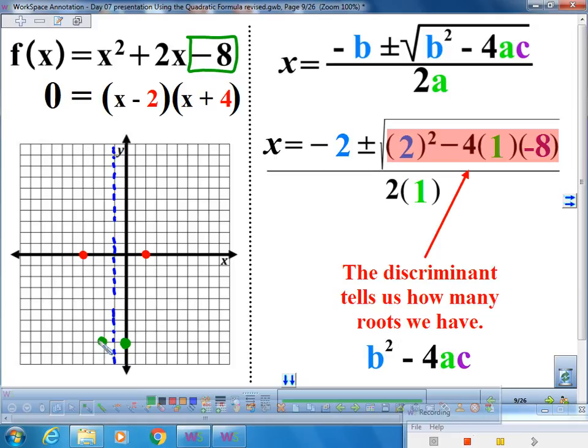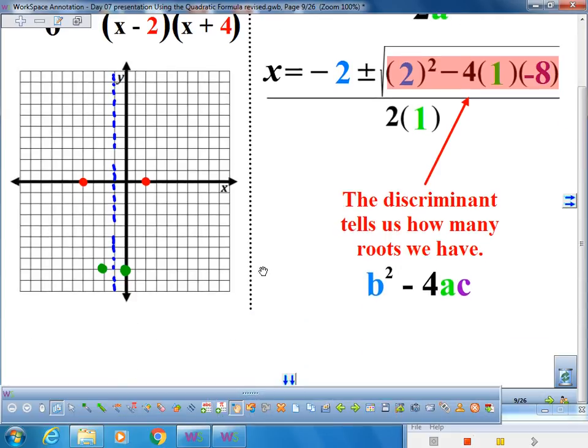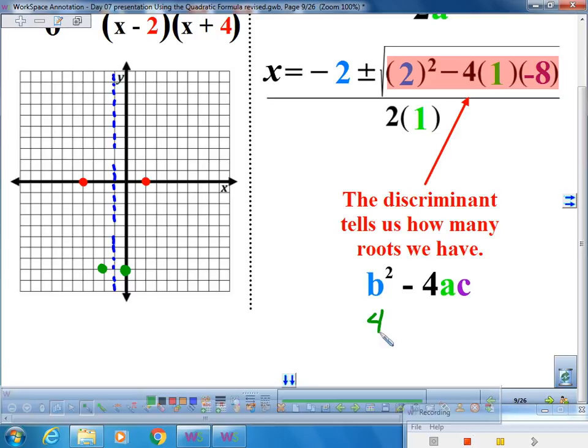But the discriminant here tells us, from the very get-go, I knew there were two roots, because 2 squared is 4, minus, well actually this is going to be plus, 32. So I got 36. So I know I'm going to have two roots.